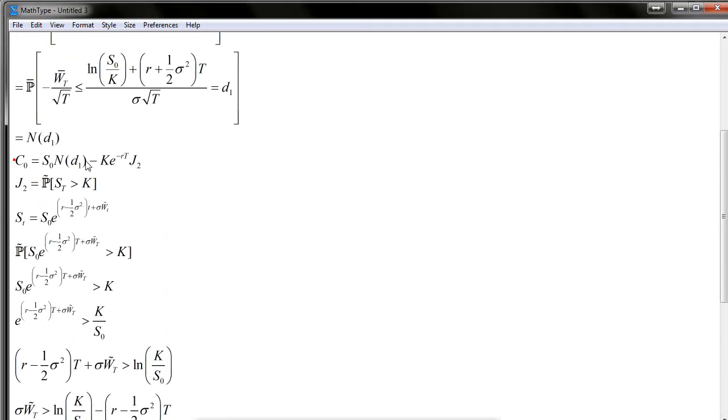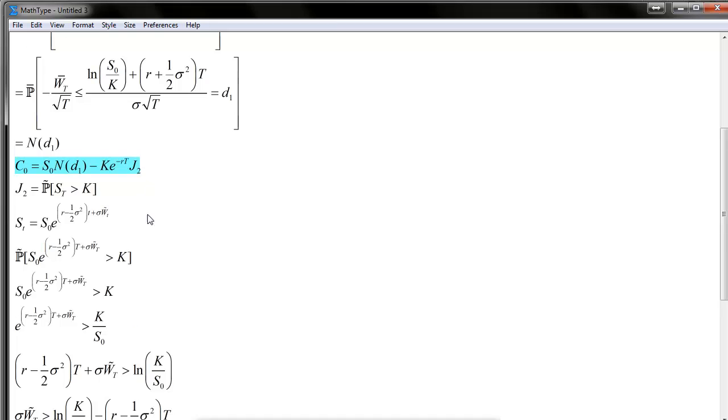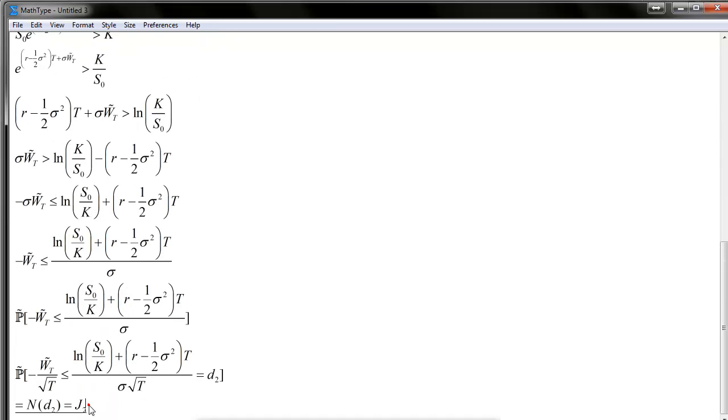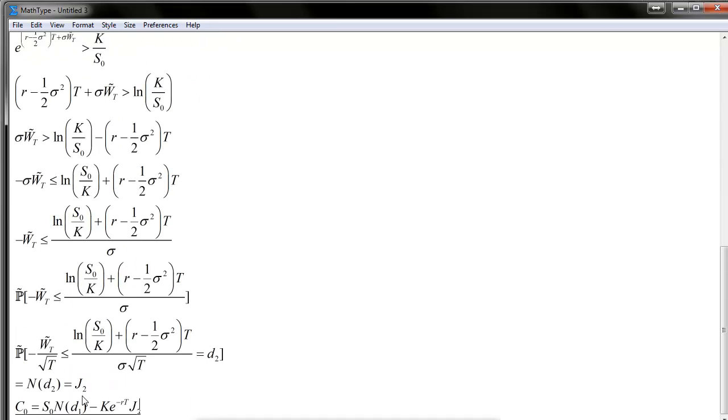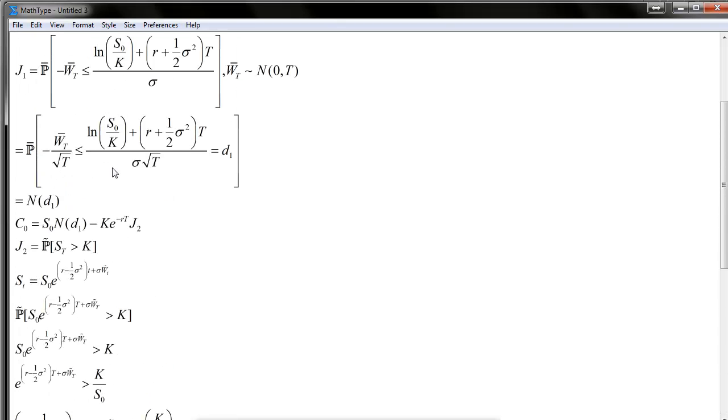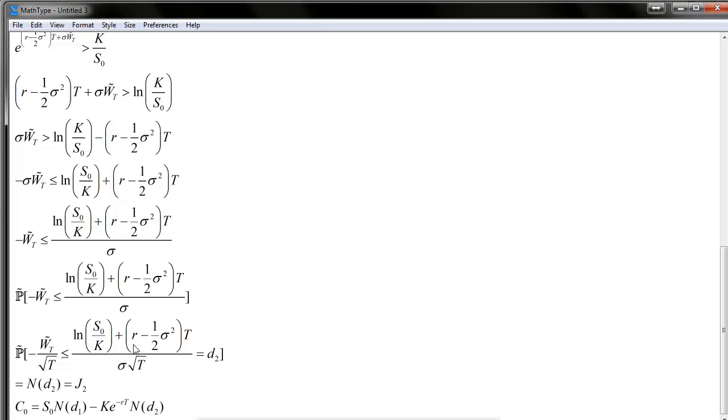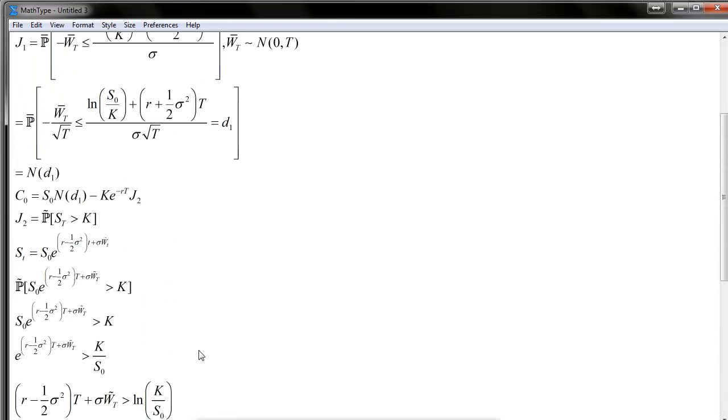So if we put everything together, we have the following representation, where d1 is defined by this and d2 is defined by this.